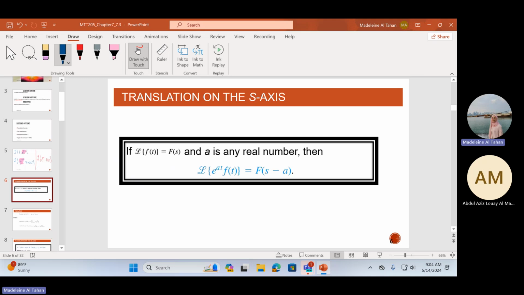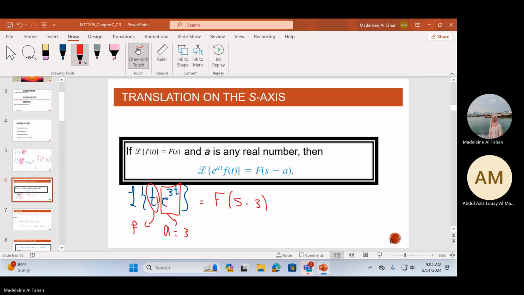Let's look at it. First of all, let's say I have Laplace of t e power 3t. Let's compare it to the formula. What's our a? We are saying F of s minus a.